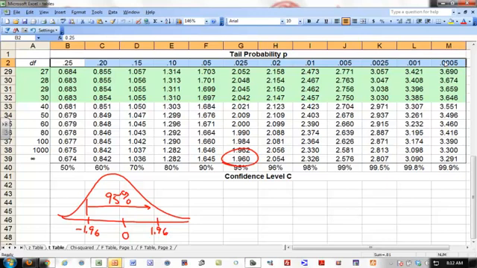Where's that other 5%? In the tails. So how much is in this tail right here? 2.5%, which I will write as 0.025. And if you start that column where it says 95%, and go all the way up to the top, you can see that 2.5% right there.